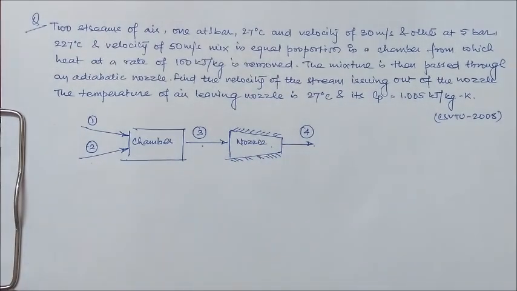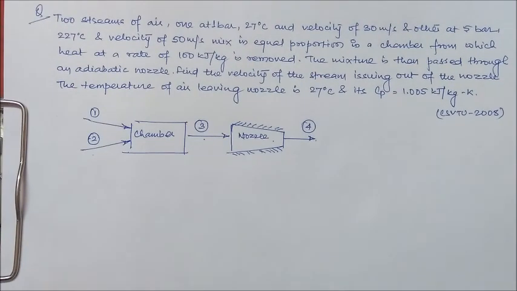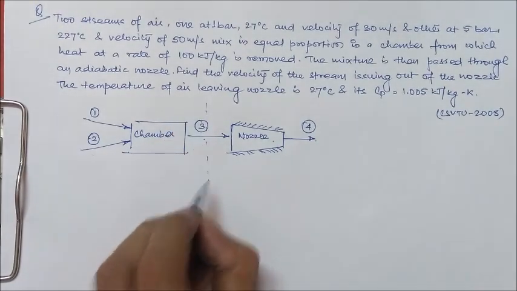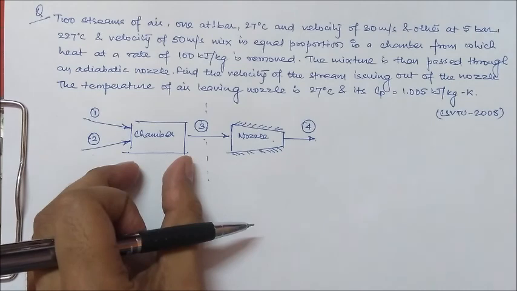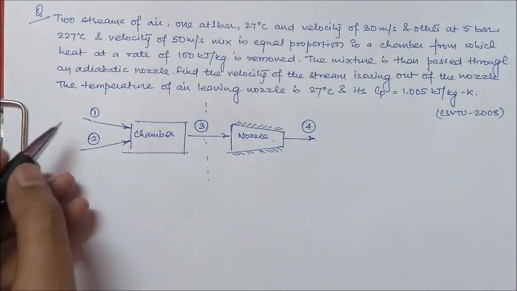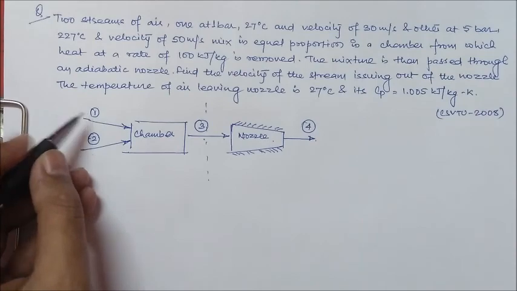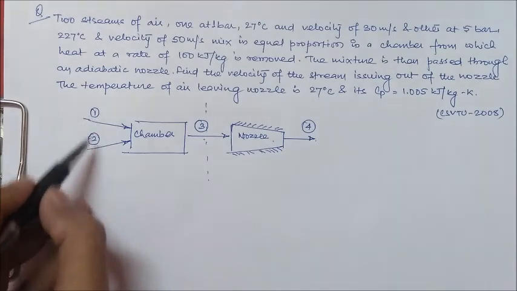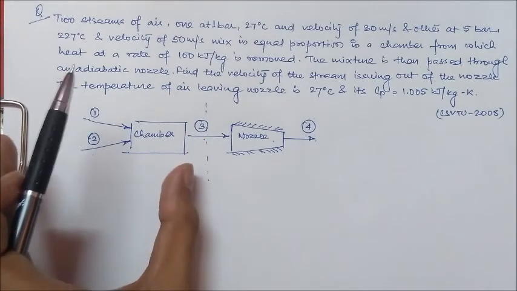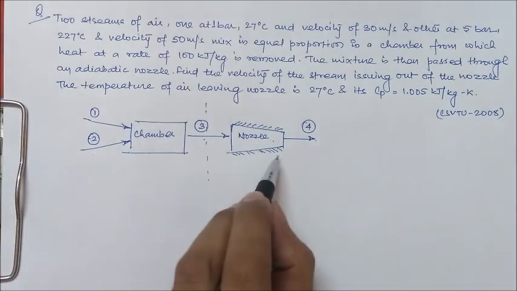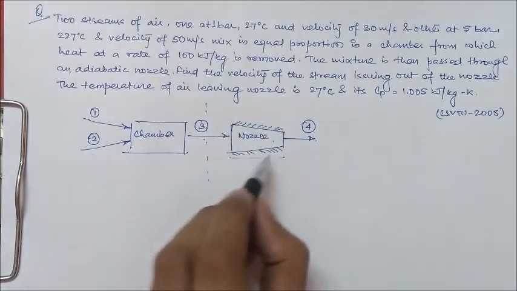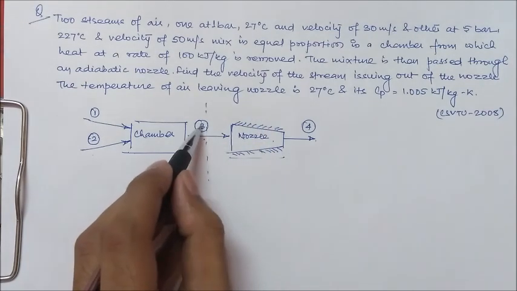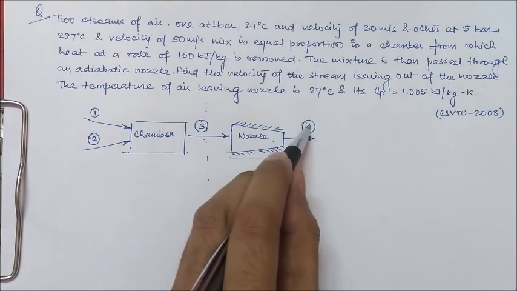Now see what we are trying to do and how we will solve this question. We will first consider this chamber as a control volume and apply the steady flow energy equation for this chamber. We will find some relation between 1, 2 and 3, and leave that part there. Then we will move further to the nozzle and consider it as a control volume where the input is the stream at condition 3 and the output is the stream at condition 4.